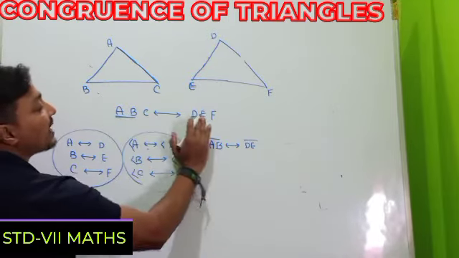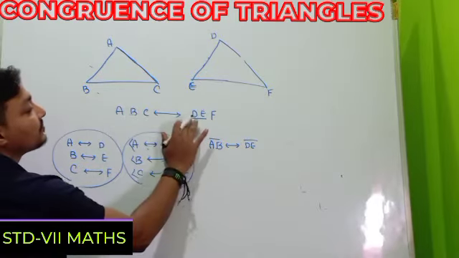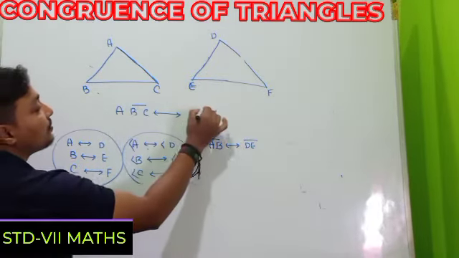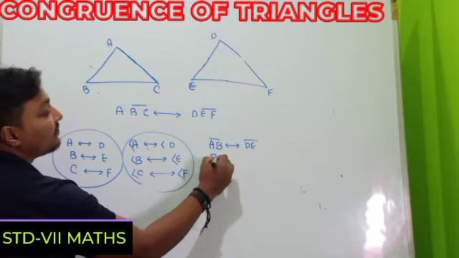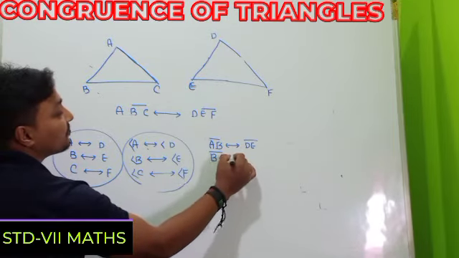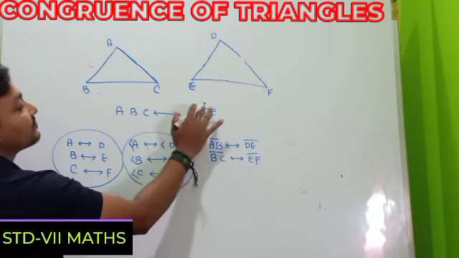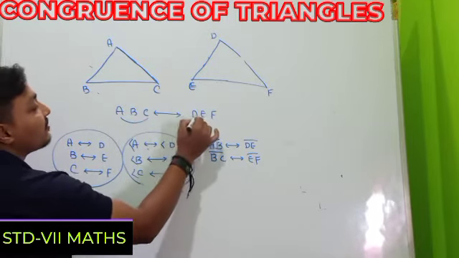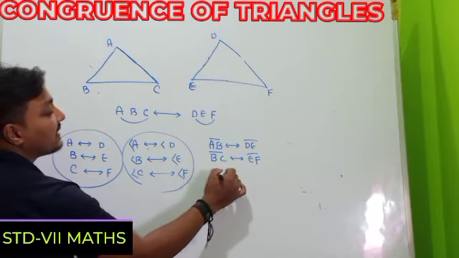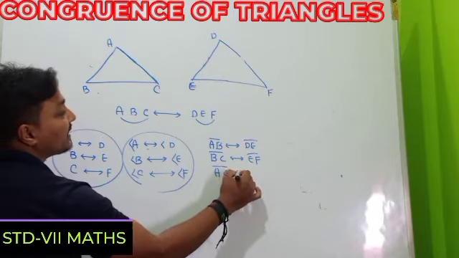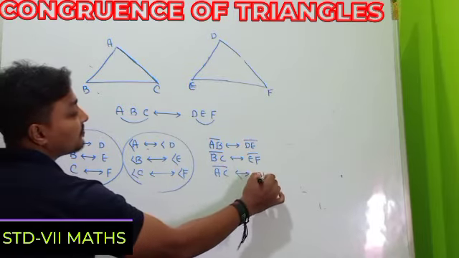Then the last two, BC is matching with EF. Then the first and the last, AC is matching with DF.